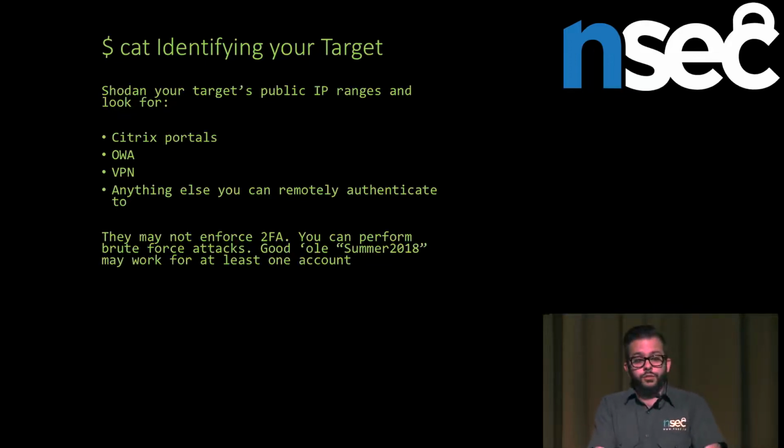Shodan is also really useful. You'll be surprised how many good old Citrix portals, OWA, and VPNs are publicly exposed by your targets. Just use Shodan. All the information is there. You're going to get all that you need. And if it's not multi-factor authentication, usually by using the previous information that you got by brute forcing passwords through OWA, you may find a valuable employee that has Citrix portal access to a specific application.